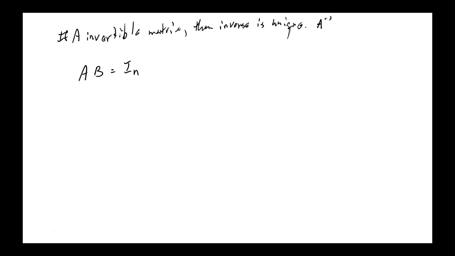In order to get a square matrix of the same size as the product, B has to be square and the same size. And if this produces an identity matrix, then those two are inverses of each other. All right. Now, this says the inverse is unique.